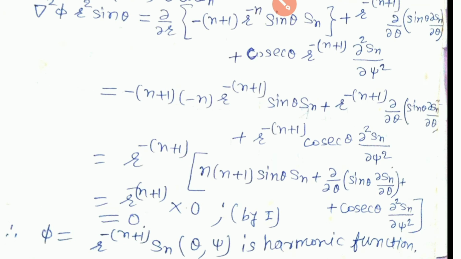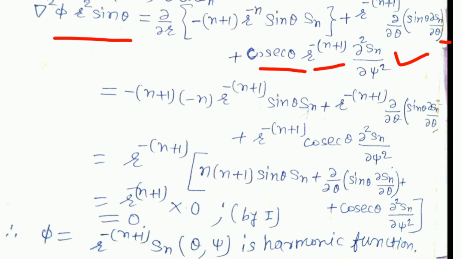We get ∇²φ · r² sin θ = ∂/∂r of [-(n+1) r^(-n) sin θ Sn] plus r^(-n+1) ∂/∂θ of (sin θ ∂Sn/∂θ) plus cosec θ r^(-n+1) ∂²Sn/∂ψ².